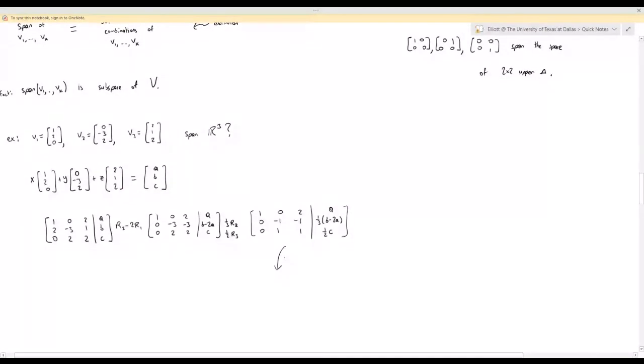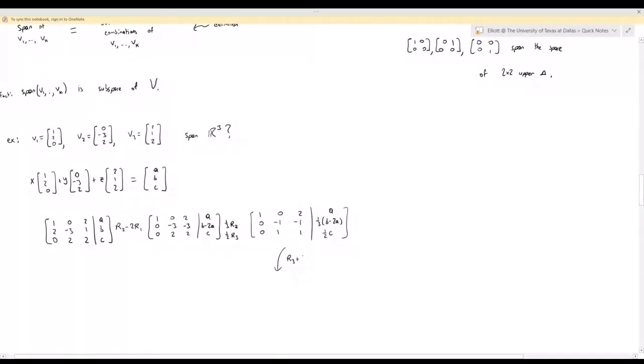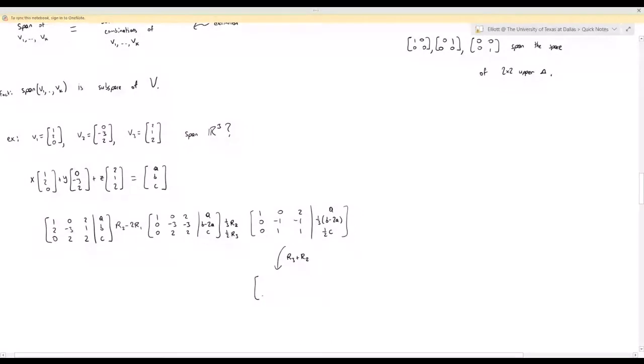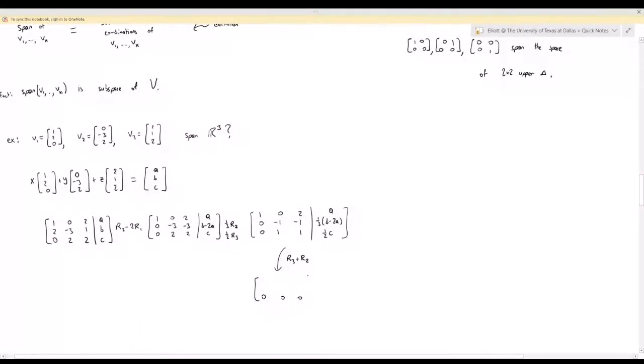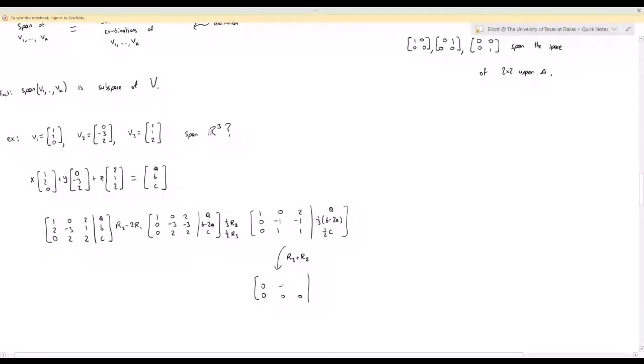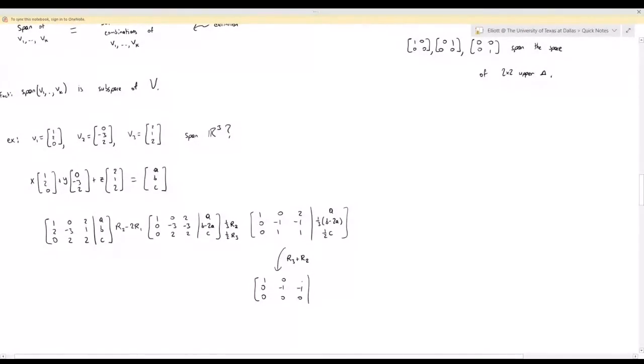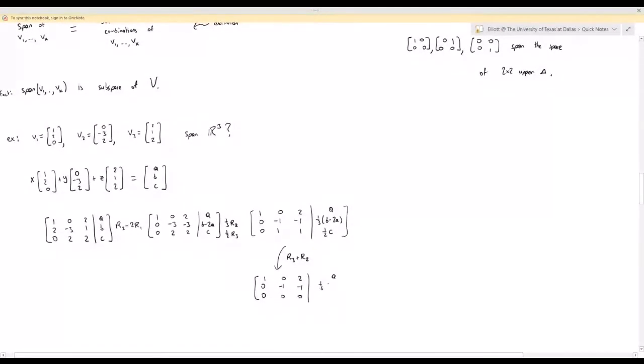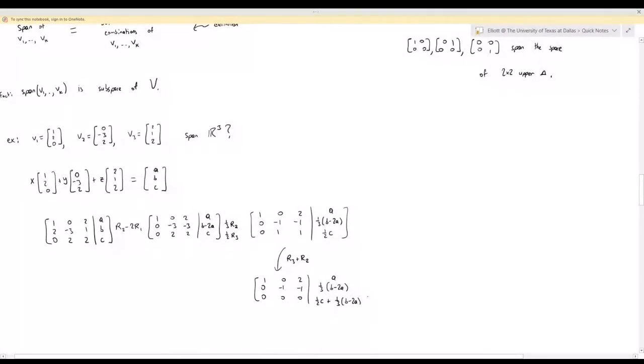And notice here that if we add row 2 to row 3, so row 3 plus row 2, we get this row of zeros at the bottom. And let me just note what's on the right-hand side as well. So we're adding row 2 to row 3, so it would be 1/2 c plus 1/3 b minus 2a.